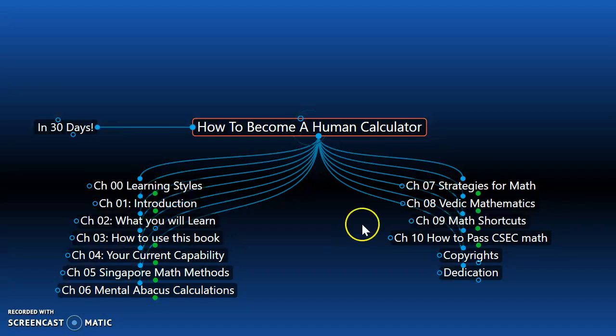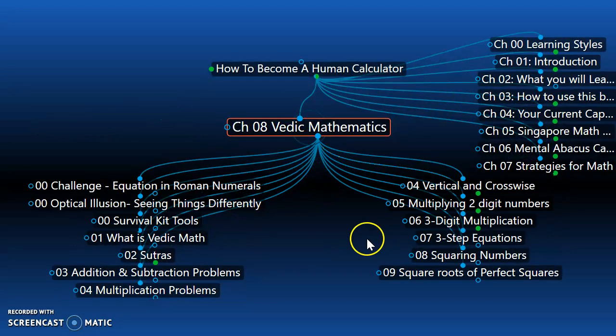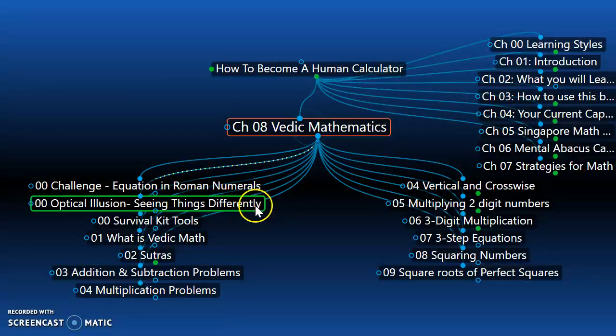Now, you learn some of the techniques that will enable you to do fast mental calculations. First, I'll present to you a challenge like I did in the first video. Secondly, I'll show you an optical illusion and show you how it relates to studying mathematics and learning these skills.